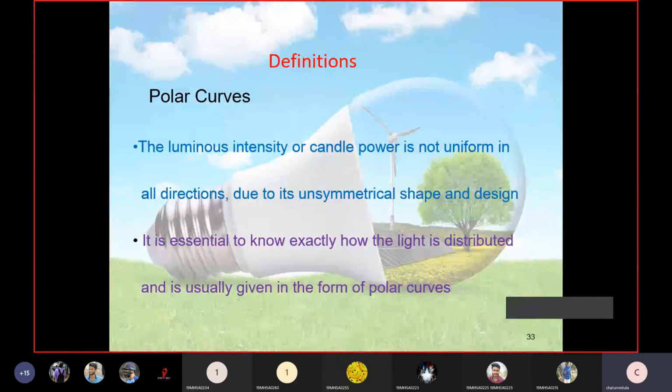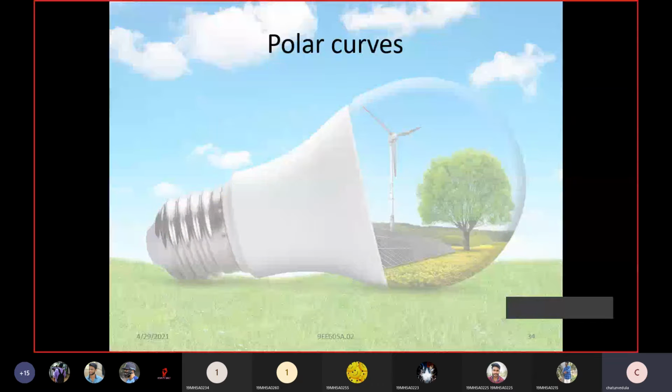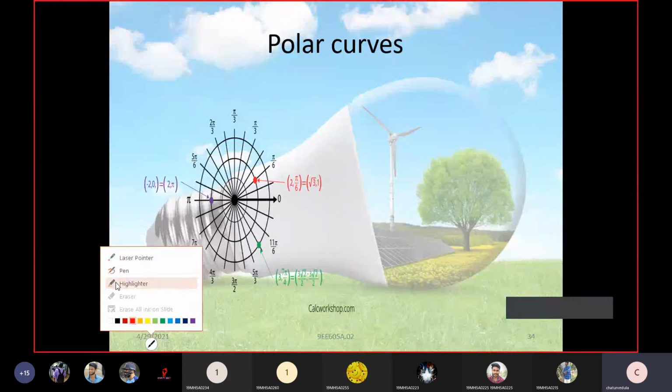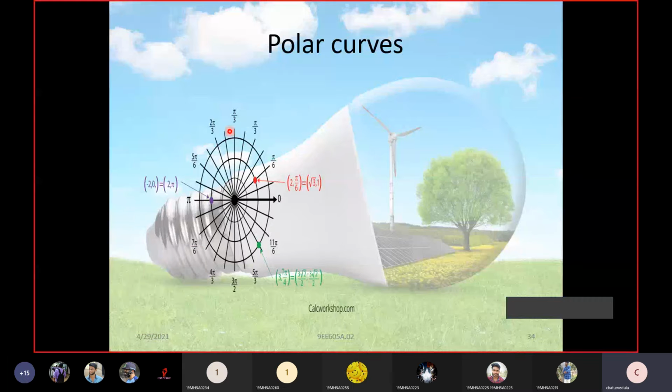In the polar curve, we make a circular shape which consists of 360 degrees, and we take different angles. You can see here a circular shape where I have taken different values: 0, 5 by 3, 5 by 6.